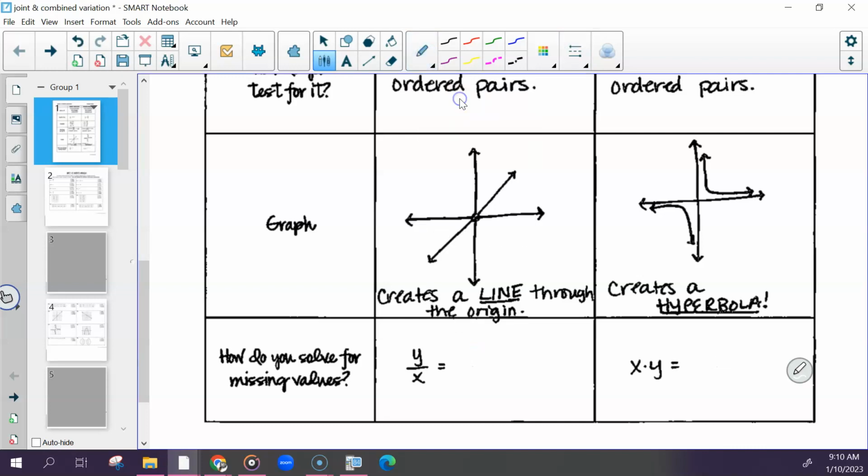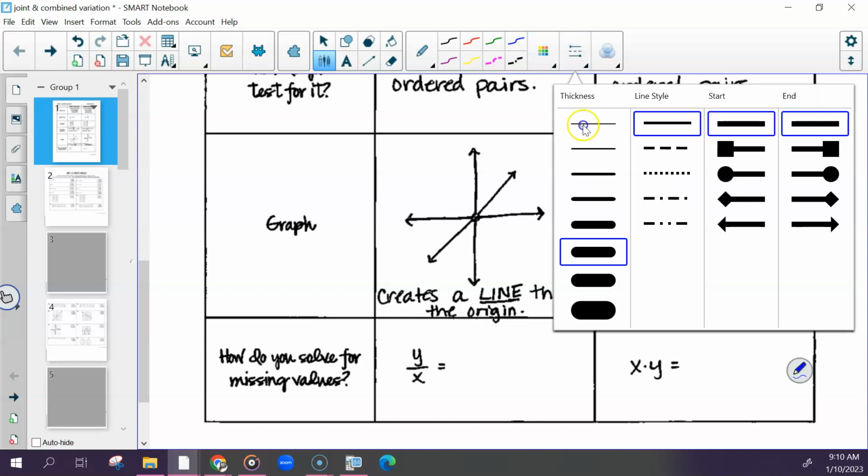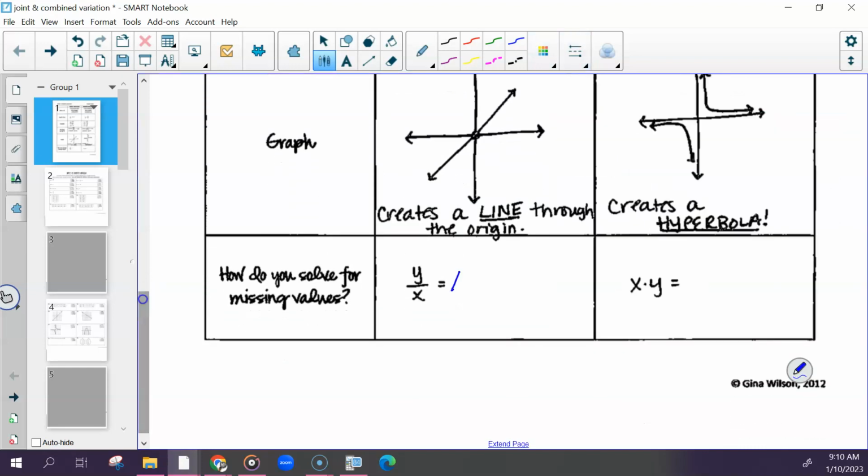But whatever I wrote on yours is accurate. So use the ratio or product to find k, put that k value into your equation, and then put in missing values. Okay.